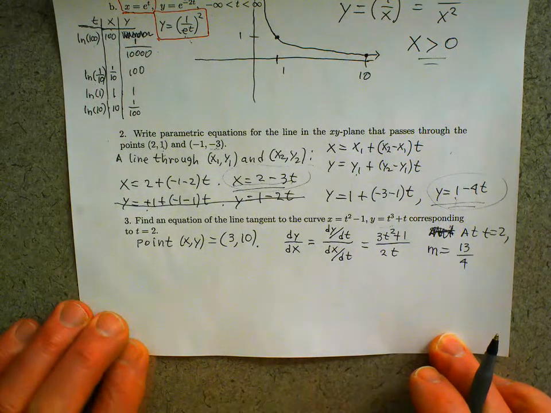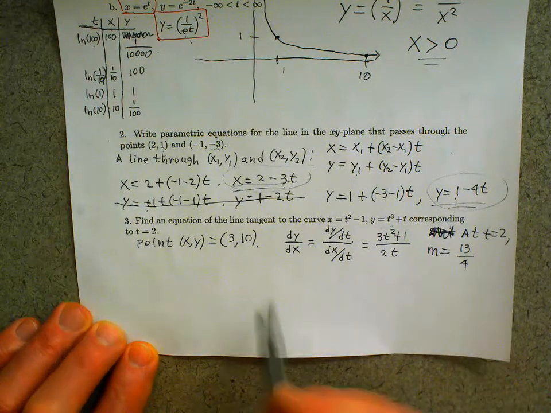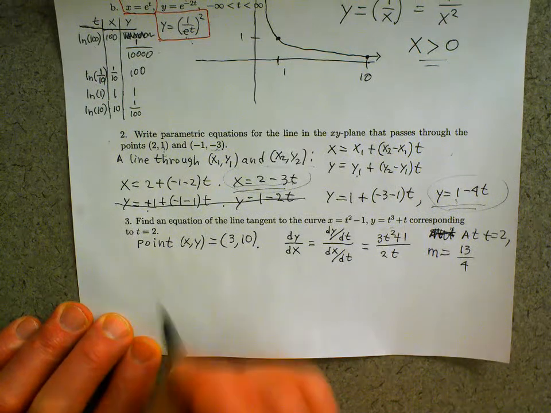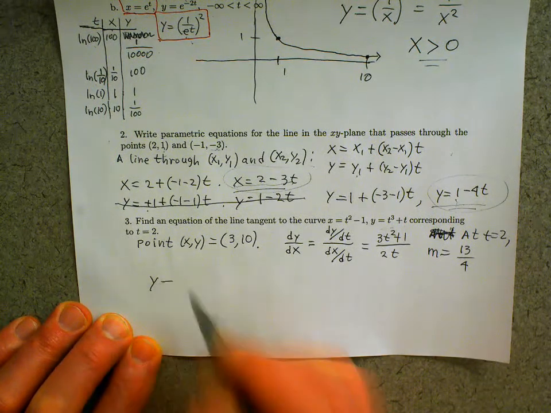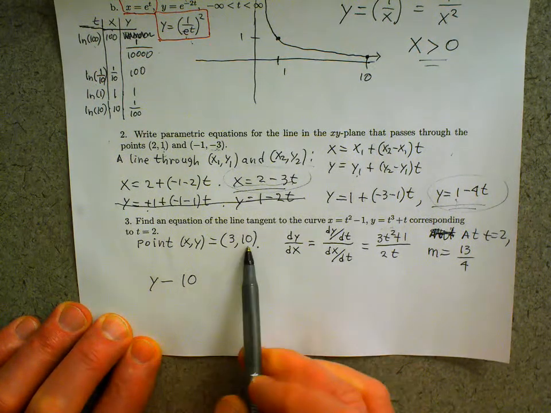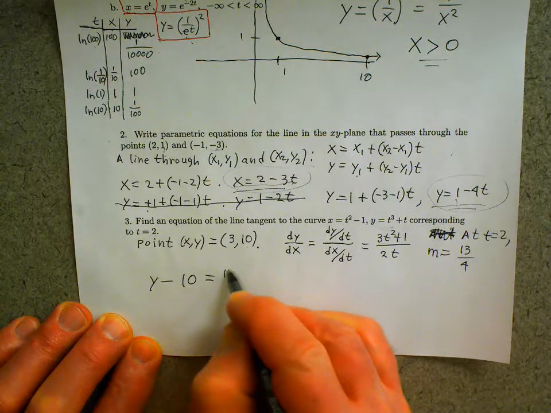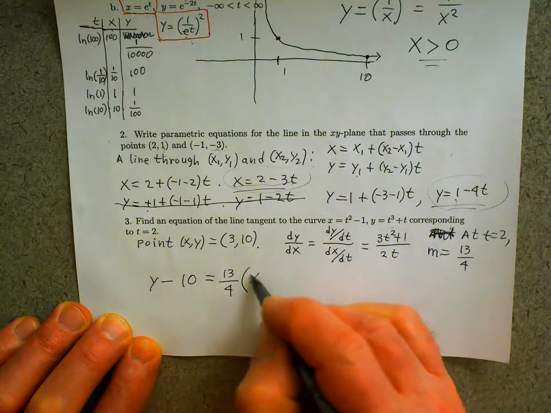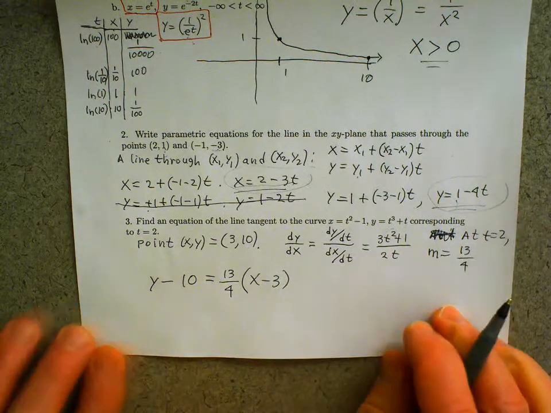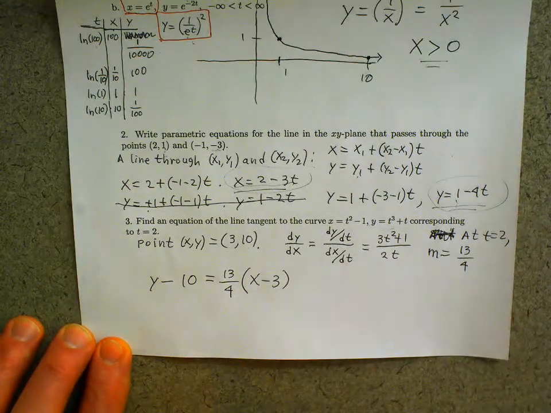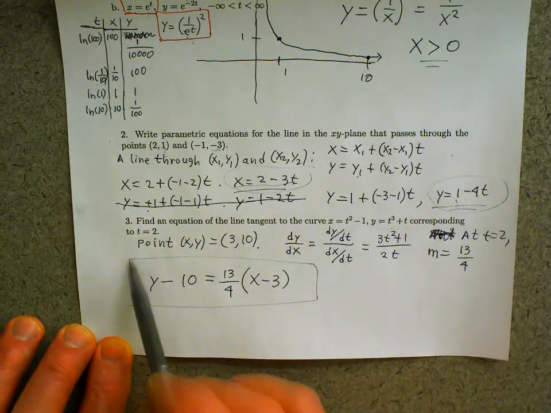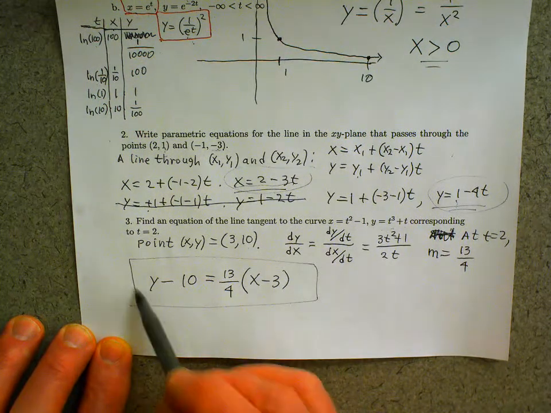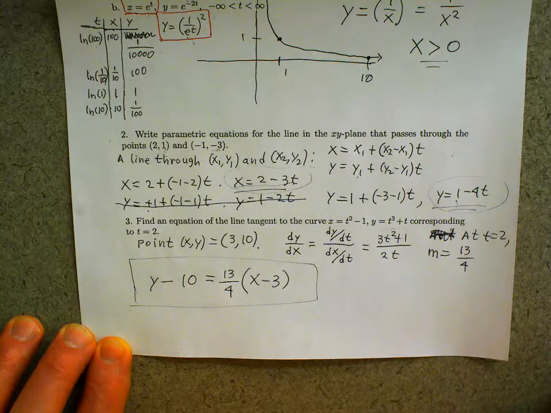Okay, that's the slope of the tangent line. So we can write the point slope form: y minus 10, the y-coordinate, is equal to the slope 13/4 times the quantity x minus 3. Okay, that is a good enough answer for the equation of the tangent line.